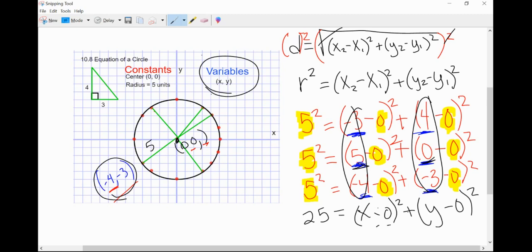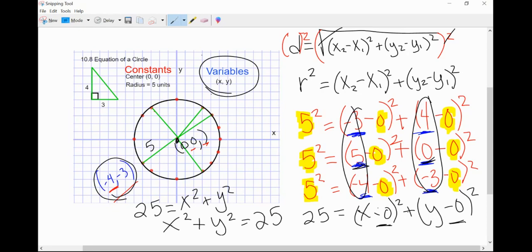Now, we don't really need to write minus 0. So the way we would simplify that is just 25 is equal to x squared plus y squared. And if you wanted to make it prettier and make it look more like the Pythagorean theorem, you could turn it around and say x squared plus y squared equals 25.